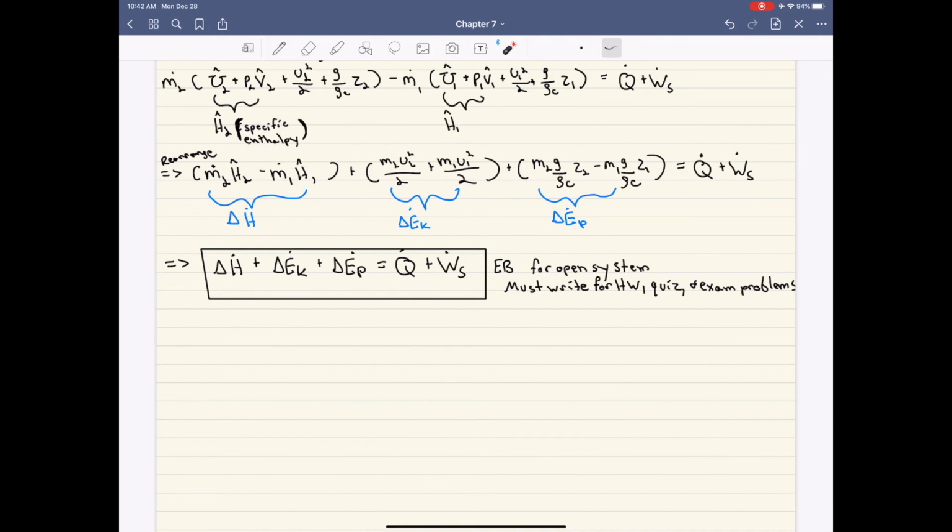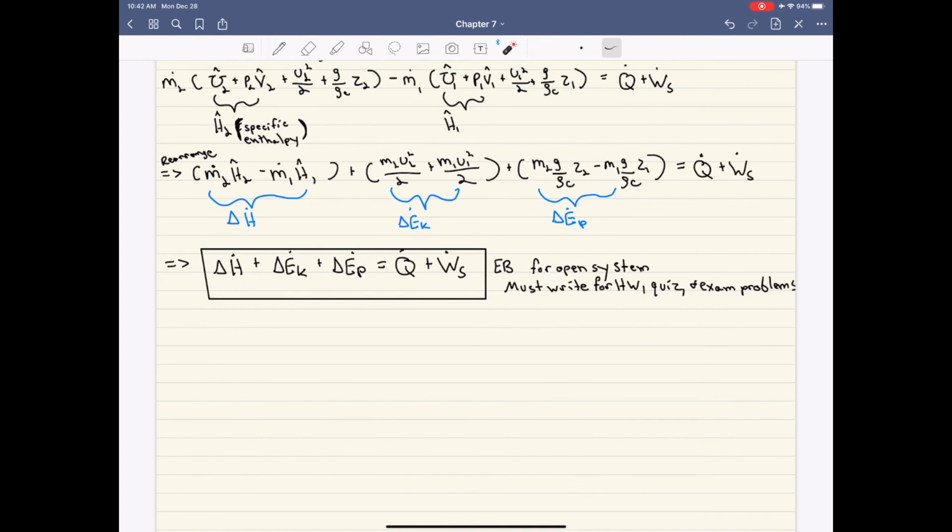You'll notice that this equation is somewhat similar to the closed system energy balance we derived in the previous video. The main differences: on the left-hand side, instead of a delta U, we have a delta H, because this delta H combines internal energy and our flow work terms.